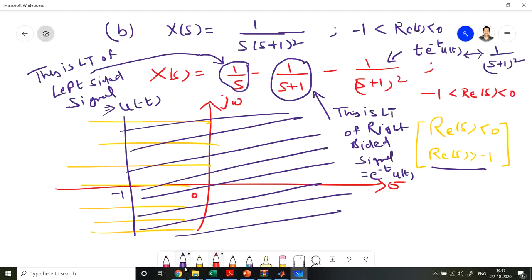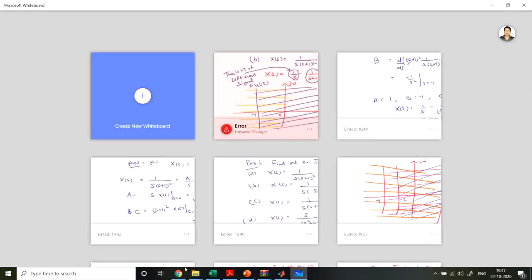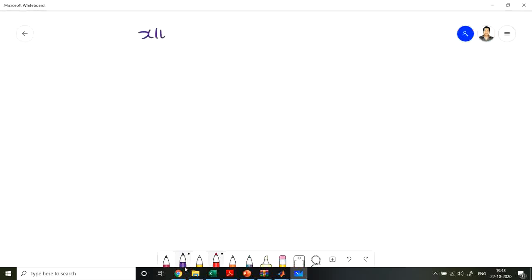Please check. So finally what we are getting for xt is minus u of minus t, then minus e raised to the power minus t into u(t), then minus t e raised to the power minus t into u(t).